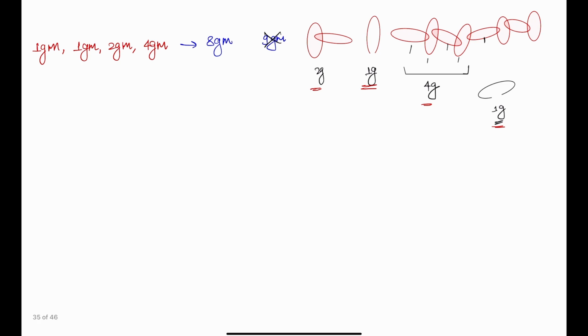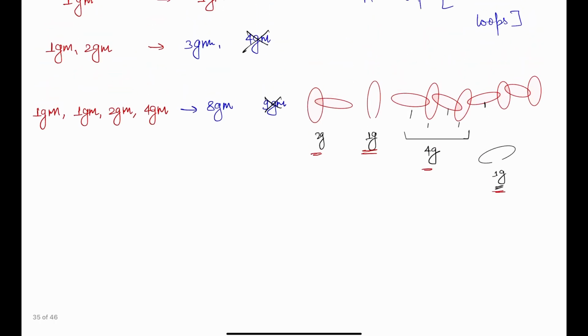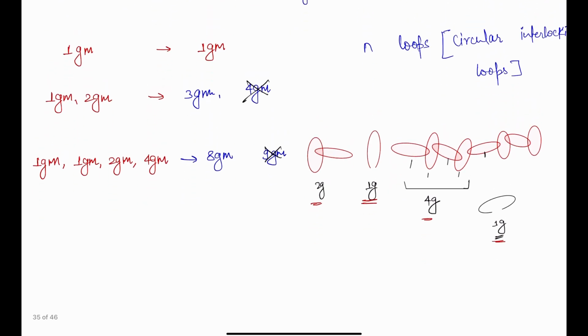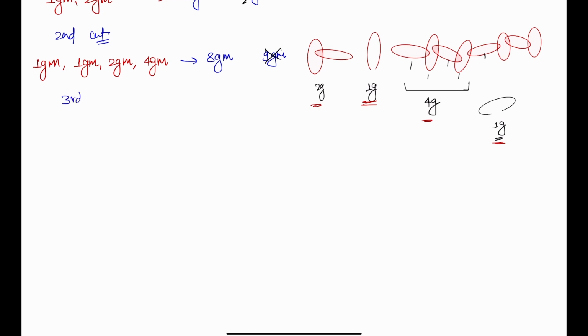So in this one, someone might say okay, 9 gram you cannot measure, so this is our second cut, right? From here we did our second cut, and then someone will say okay, then we have to do the third cut also. So in the third cut, 1 gram, again 1 gram, and wherever I am making the third cut, that cut will also be 1 gram, right?